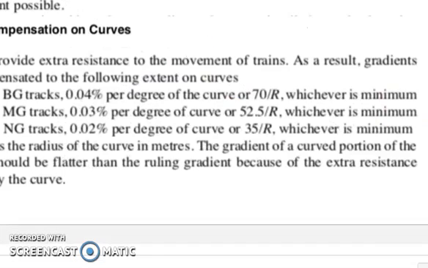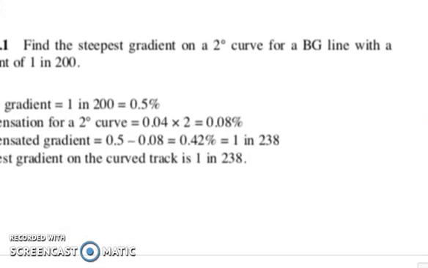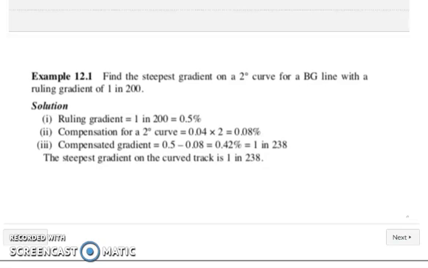For an illustration, find the steepest grade on a 2 degree curve for a BG line with a ruling gradient of 1 in 200. For the solution, we start with the ruling gradient, that is 1 in 200. 1 divided by 200 gives us 0.005, or 0.5%. Number 2, compensation for a 2 degree curve.